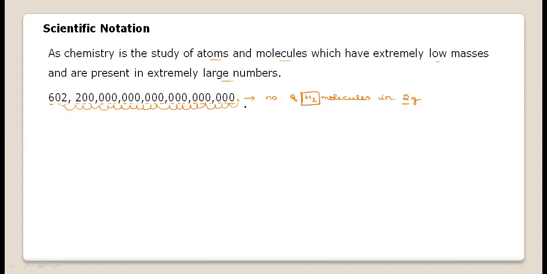If you move the decimal point, you will get 6.022 into 10 to the power of 23.